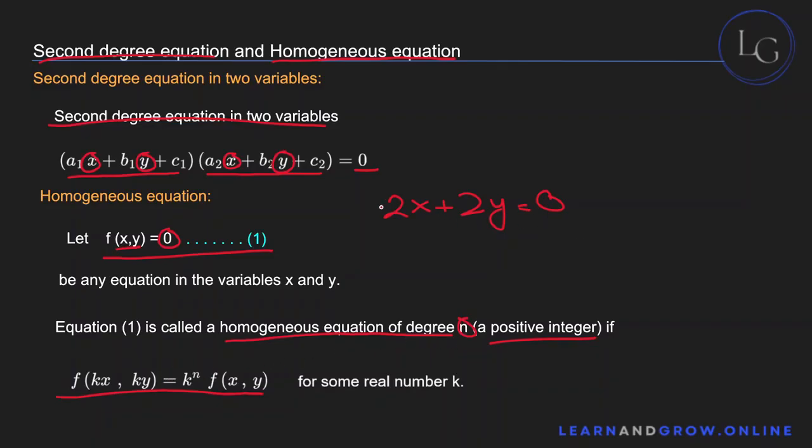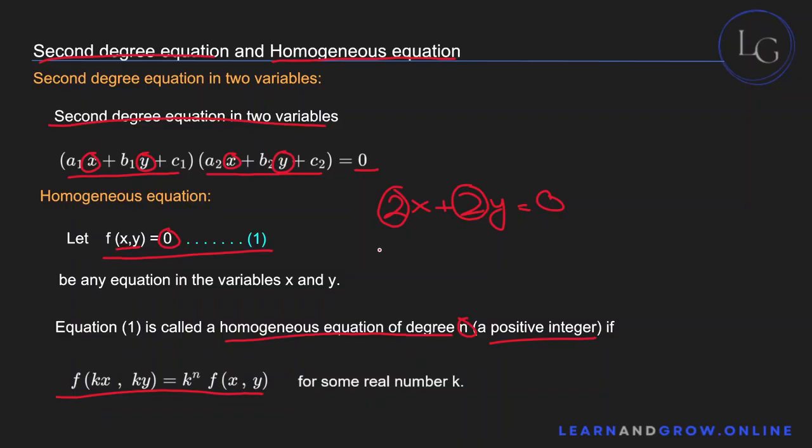So, say you have f of kx and ky, k being a constant, and basically in this case you have 2 as that constant. Then you can apply the function of x, y and take the k outside.